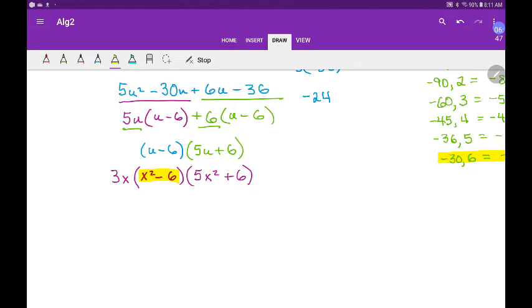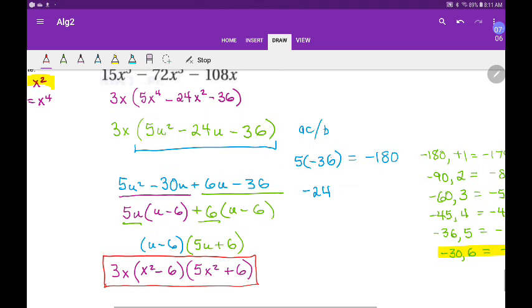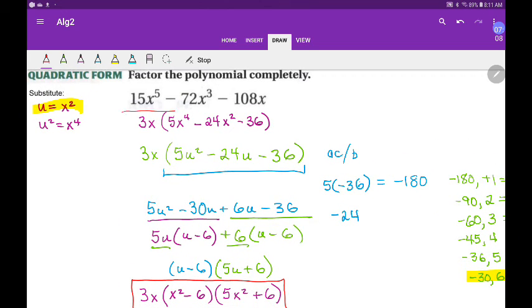Is that a perfect square? No, that's not a perfect square. I could try to say 2 and 3 make 6 and things like that, but I'm not going to be able to factor that without getting the middle term. So it appears that I am finished. And if I were to multiply that all together, I should get back to where I started, which is up here.